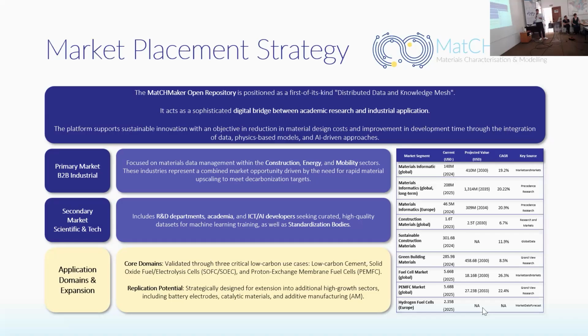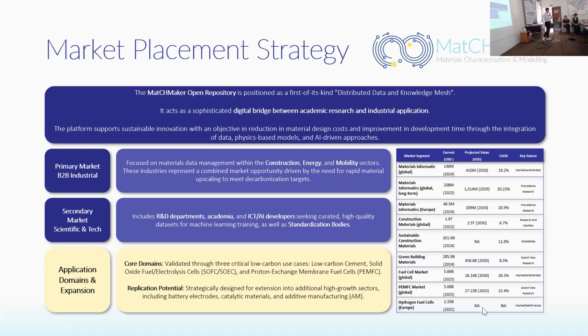higher than 20%. So the primary market in which the open repository will be exploited will of course be the one involving the use cases developed in MatCHMaker, so the construction, energy, and mobility sectors. But the secondary market will also be more related to the R&D departments of companies, academia, ICT and AI developers, but also standardization bodies.